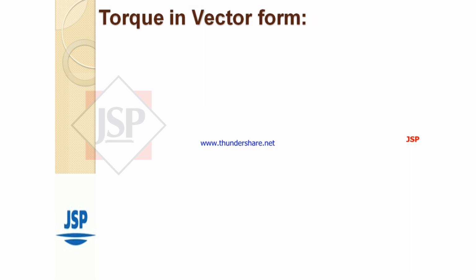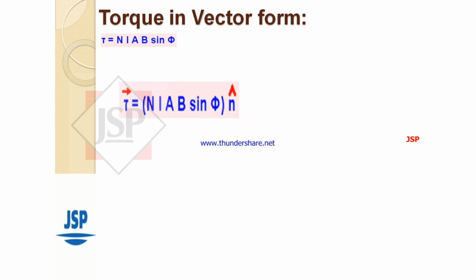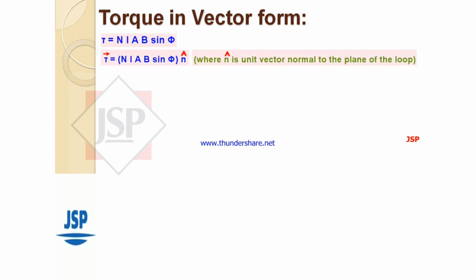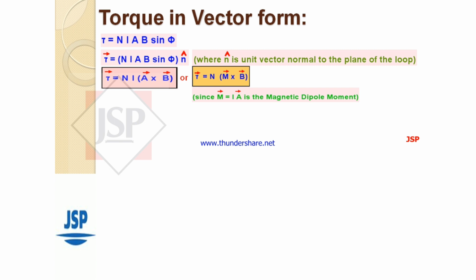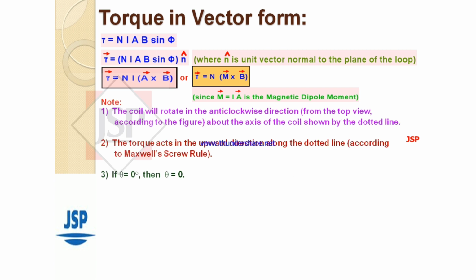Torque in vector form, that is tau equal to N I A B sin phi, tau vector equal to N I A B sin phi times n cap, where n cap is the unit vector normal to the plane of the loop. Now tau vector equal to N I (A vector cross B vector), or tau vector equal to N M vector cross B vector, since M vector equal to I A vector is the magnetic dipole moment.